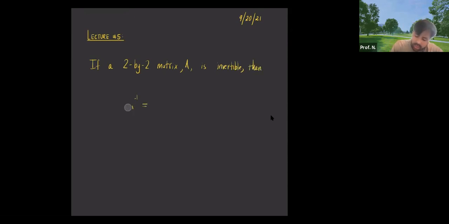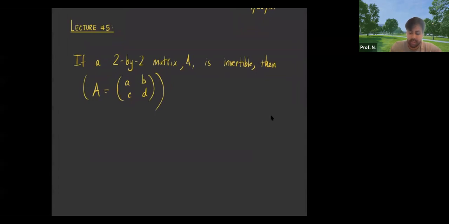If a 2x2 matrix A, with entries A, B, C, D, is invertible, then the inverse is given by this formula.